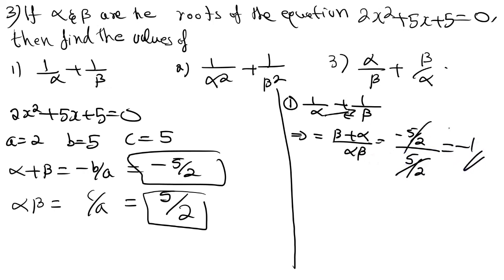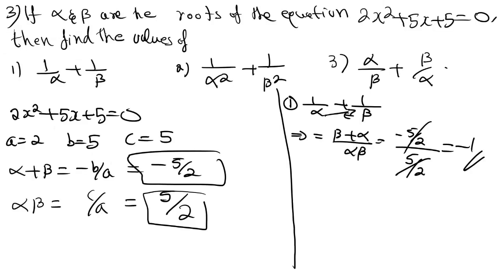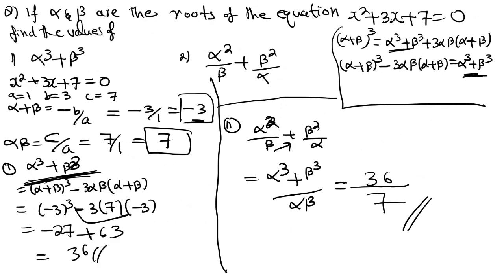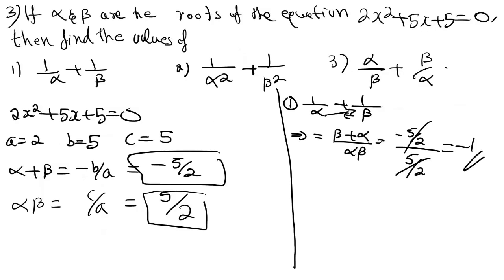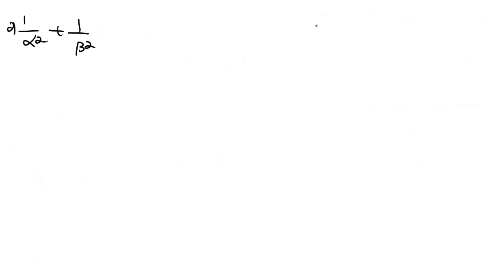See the second question, 1 by alpha square plus 1 by beta square. We have alpha plus beta equal to minus 5 by 2 and alpha beta value is equal to plus 5 by 2.